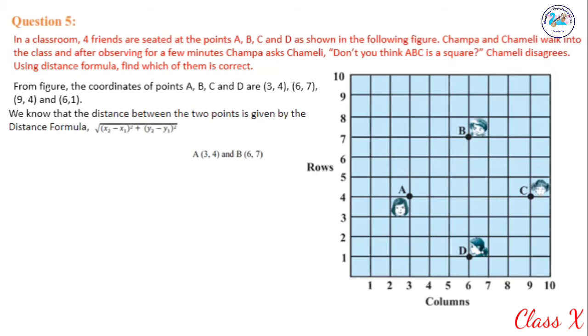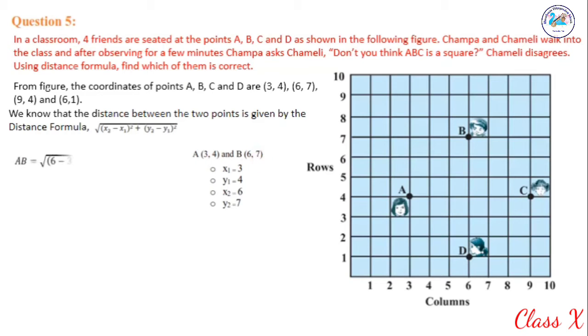Let us take the first pair of points, A and B. A is (3, 4) and B is (6, 7). Let us copy down x1 is 3, y1 is 4, x2 is 6, y2 is 7.